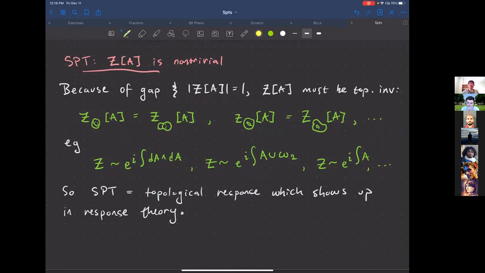Now, the claim is that in this case, the partition function is going to be a topological invariant of the manifold that it's on. So I indicate this over here. So the partition function in the presence of these domain walls or this background field on some manifold like this S2 is going to be the same as the partition function on this kind of crumpled S2.